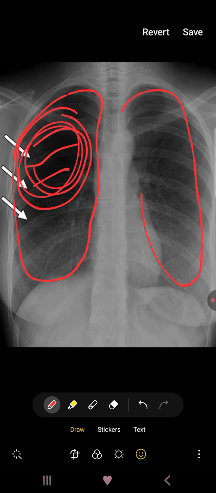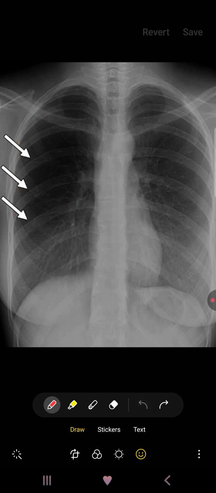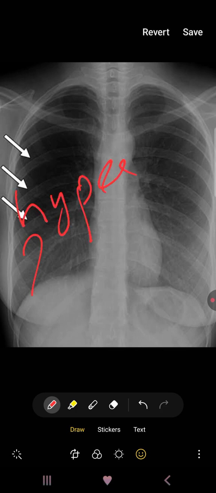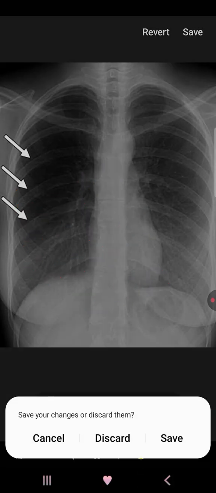So this is known as the increased blackness. Whenever the increased blackness is present on the lung, we call it a hyperlucent area.